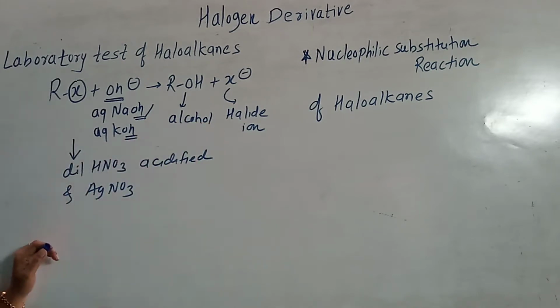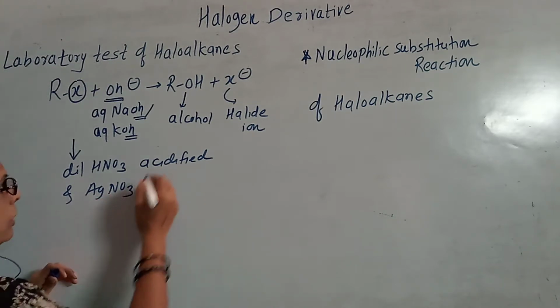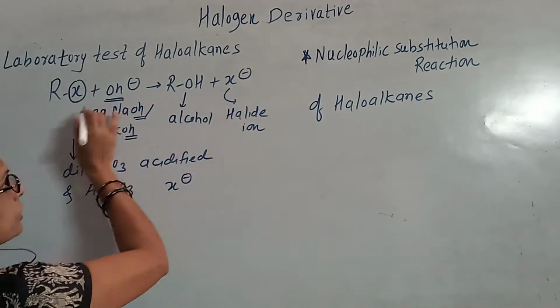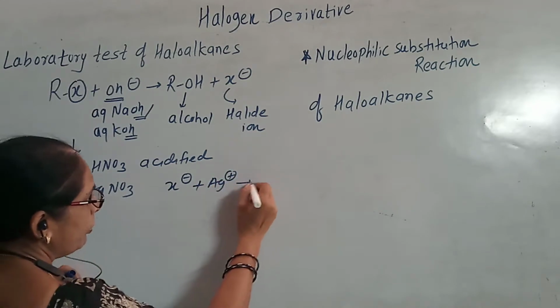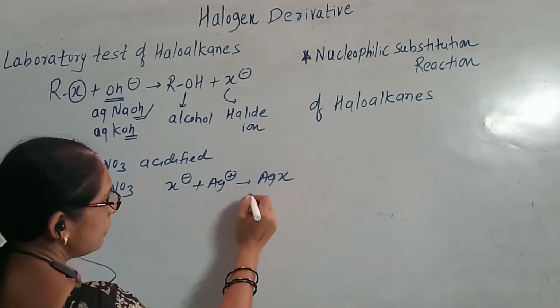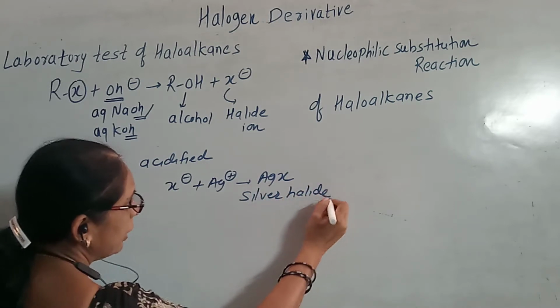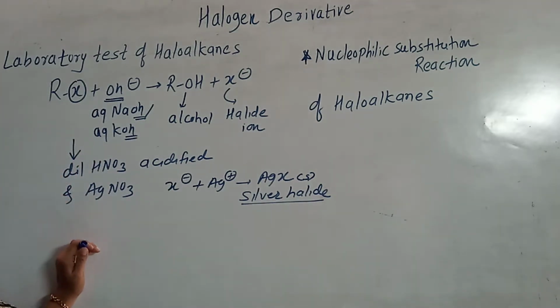The X minus of the halide reacts with the silver, forming a precipitate of the silver halide. The formation of the silver halide precipitate indicates that the halide ion is present in the reaction mixture.